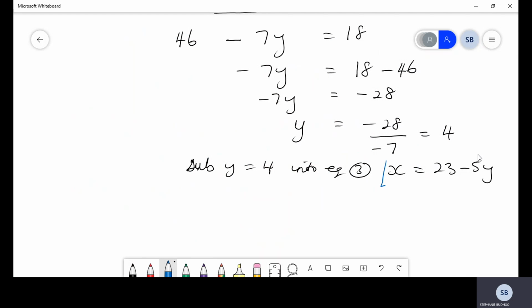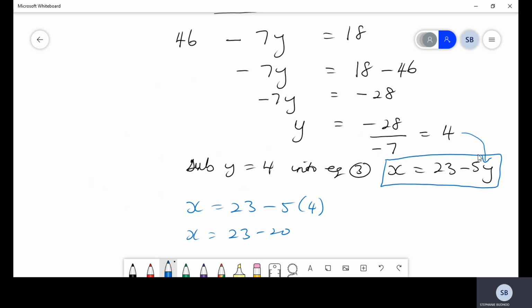So now what we need to do is simply substitute our value of 4 into here. So we will get x is 23, subtract 5 by 4, and that just simply gives us 23 minus 20, which is 3. So therefore, x has a value of 3 and y has a value of 4.